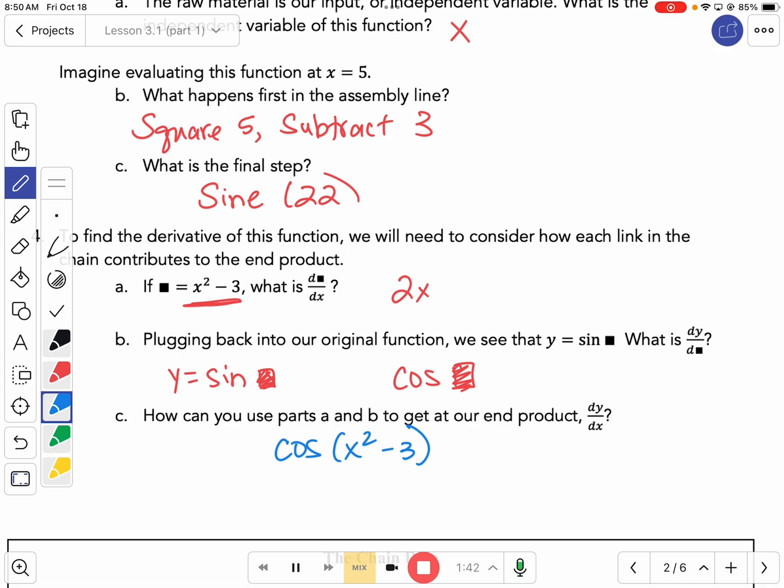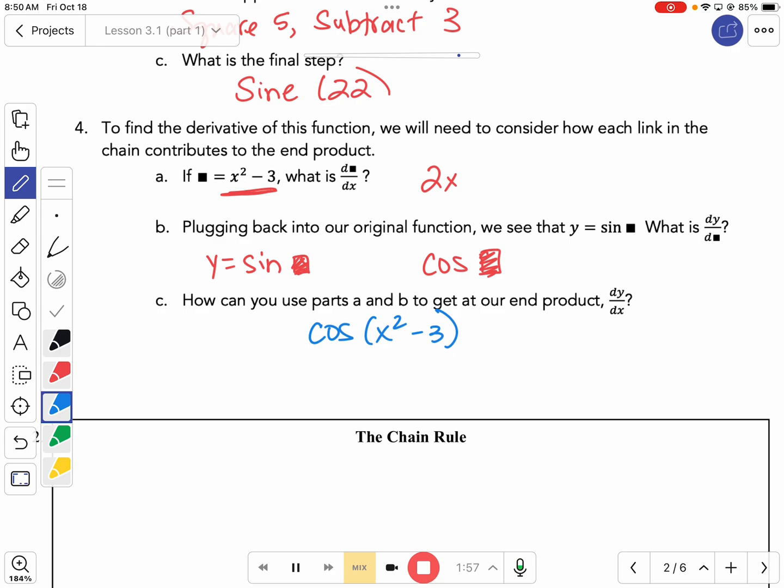So how did that come about? What did we do to make that happen? If we put it all together, because we need all the different pieces, how could we use them to get our end product, which is just dy/dx?